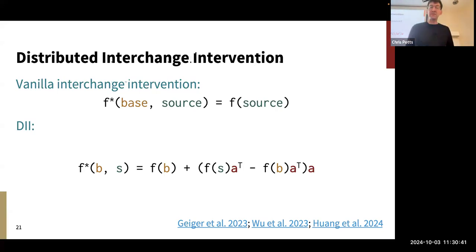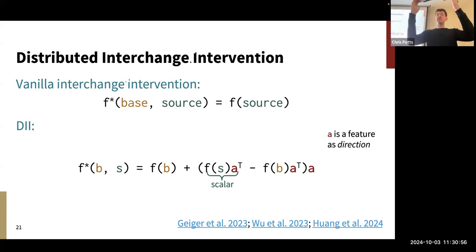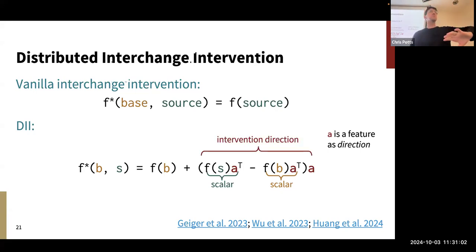The intuition is that we're now going to define a vector that will specify a direction in this vector space. So the feature is kind of one latent dimension of the underlying representation. And the way this works is we use that vector to project into this new space and get the difference. And then we kind of unrotate back down into the original space. And that whole thing specifies what you might think of as an intervention direction.